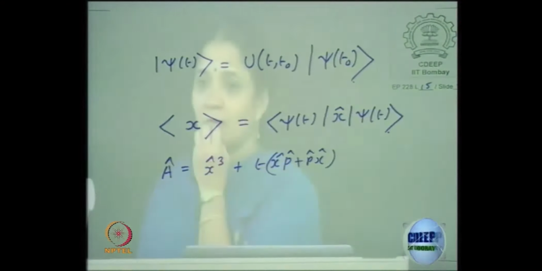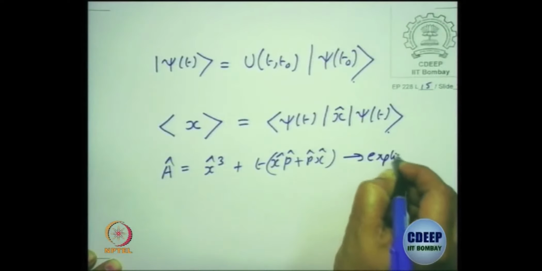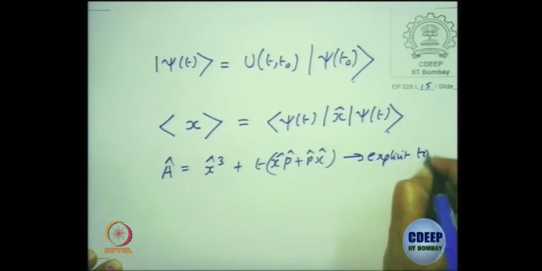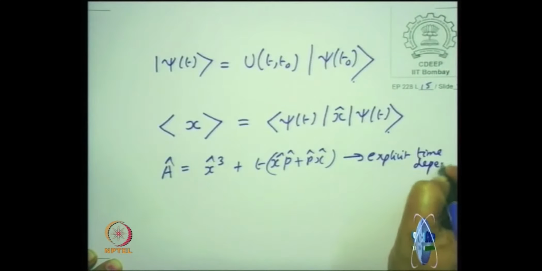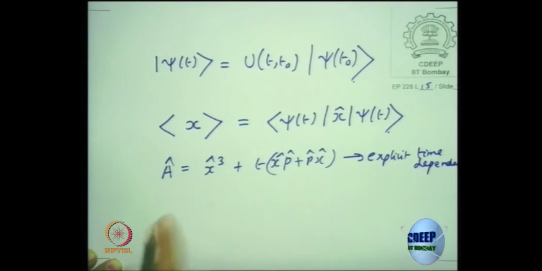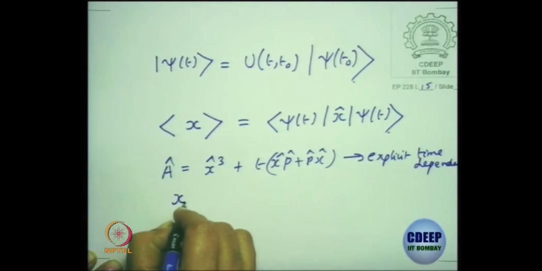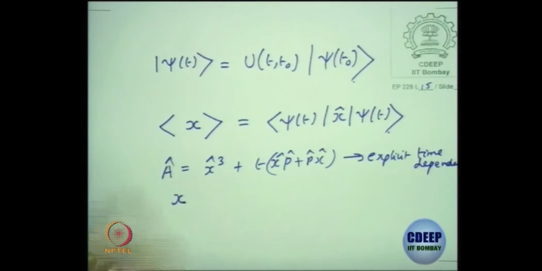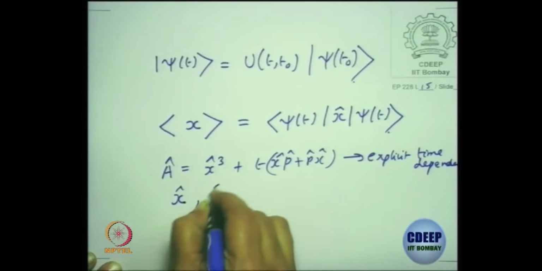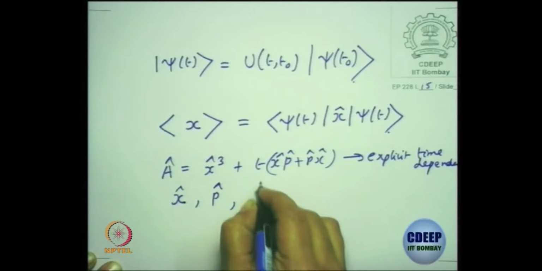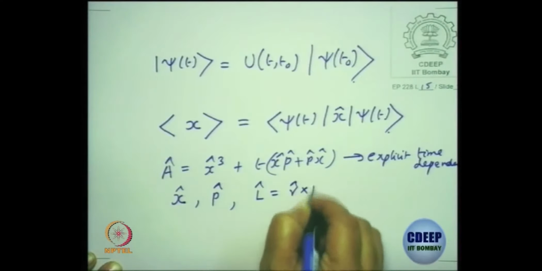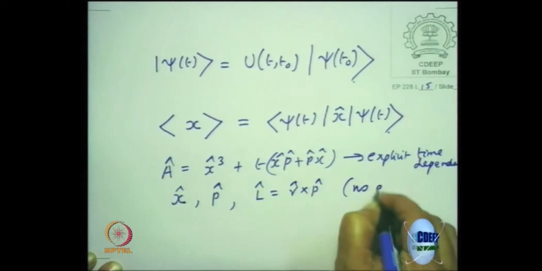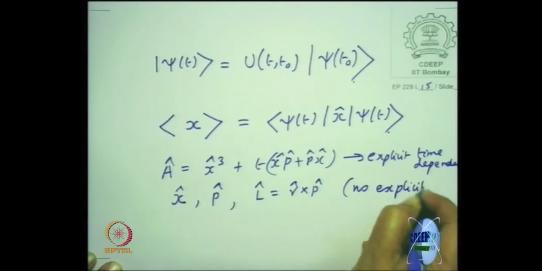This is Hermitian. So this has an explicit time dependence. We are not looking at such operators. When I say x, X does not have explicit time dependence, P, angular momentum L, which is R cross P, no explicit time dependence.